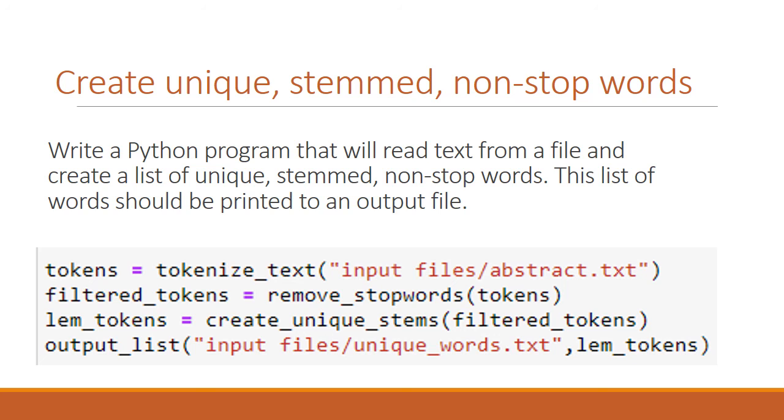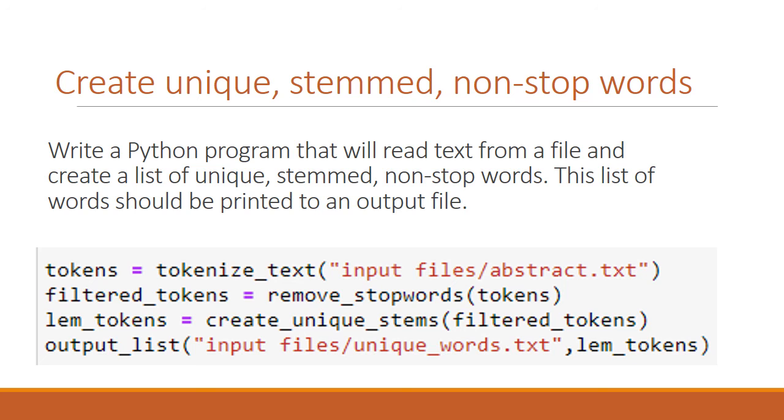Next, we're going to call our remove stop words function, passing in our tokenized text. This function will return our list of tokens with the stop words removed. Then we're going to call our create unique stems function, passing in the tokens without the stop words. This function will return a list of tokens that have been stemmed and that are unique, and we've had the punctuation marks removed.